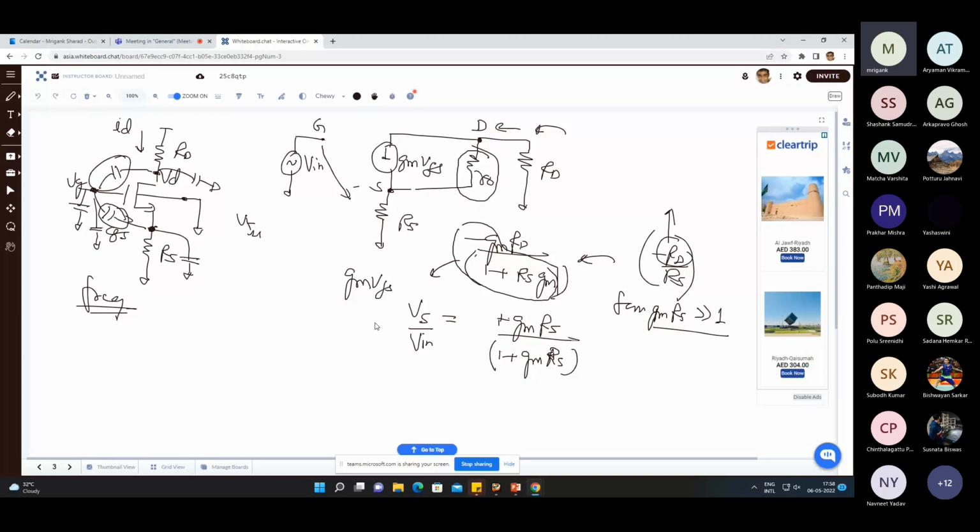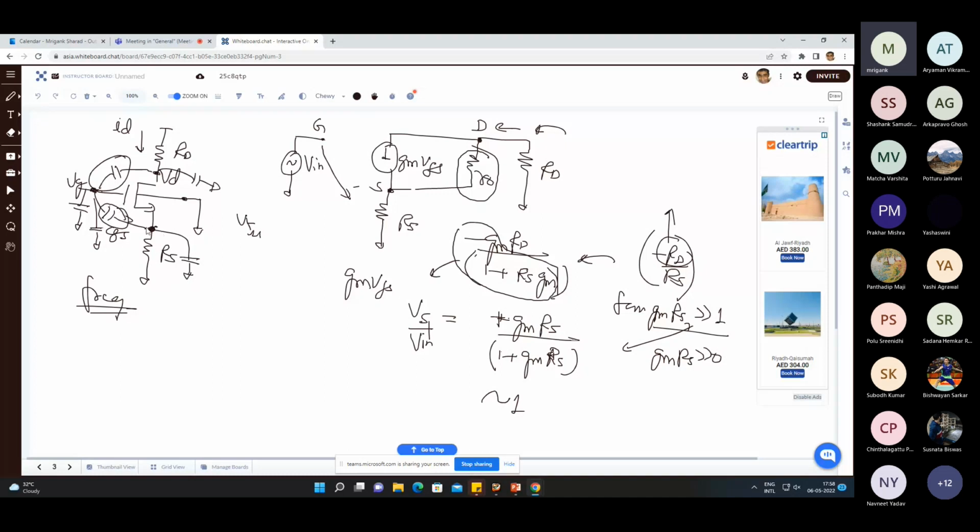Now, if this equation is valid and I still assume that GMRS is much greater than 1, then what will happen? This means that Vs and Vin will follow very closely. This will approximately be equal to 1 in this condition, and that means the gain from here to here is almost unity.